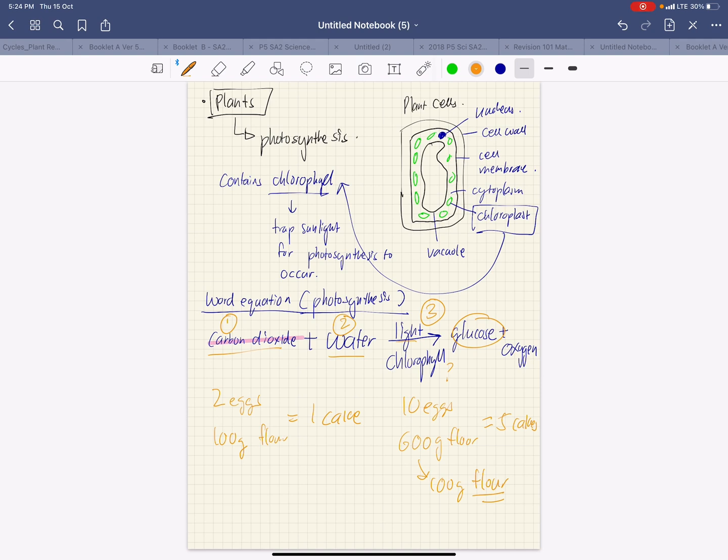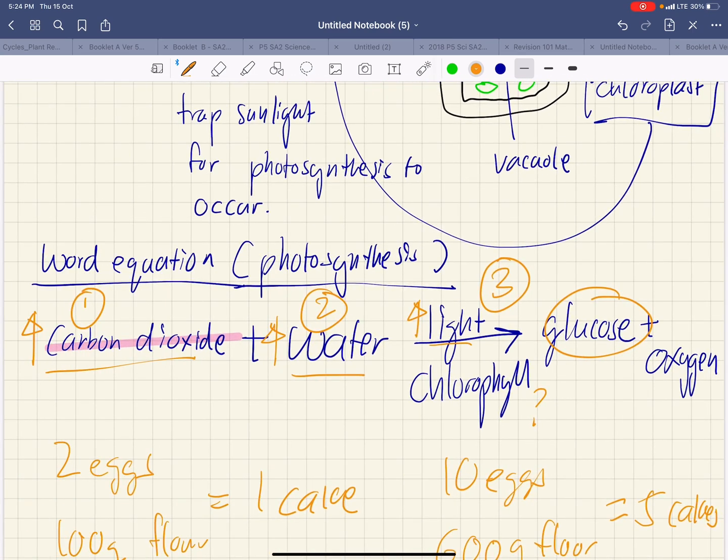So an increase in carbon dioxide or an increase in water or an increase in light will definitely speed up your rate of photosynthesis. Now, you have to understand that your glucose that is produced by your plants over here, if there is an excess, it will get stored as starch.